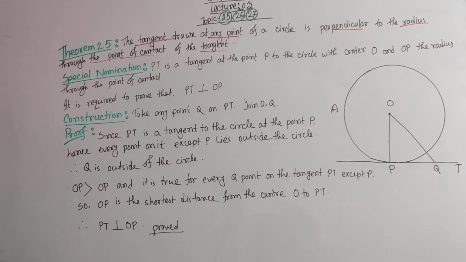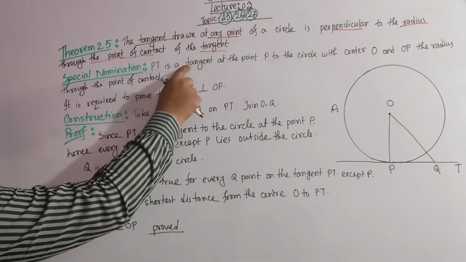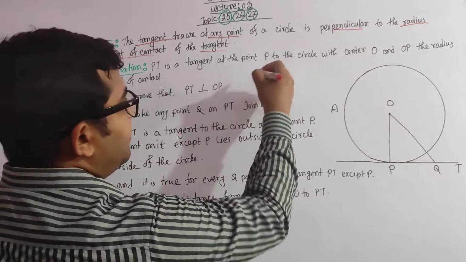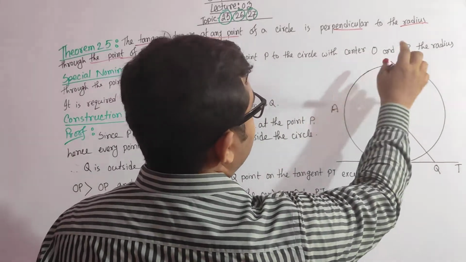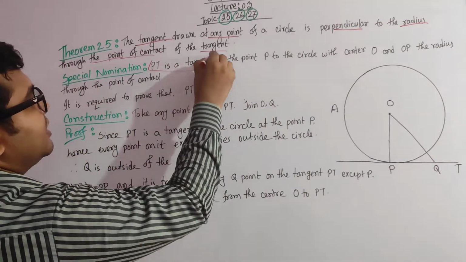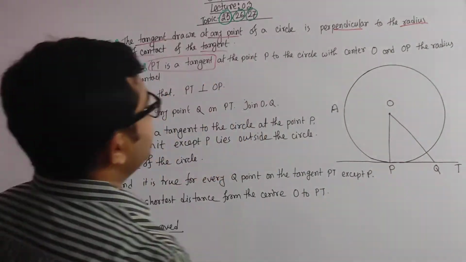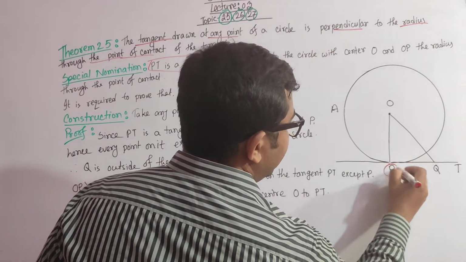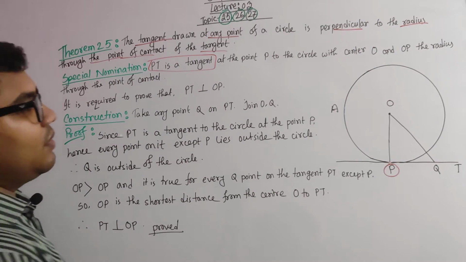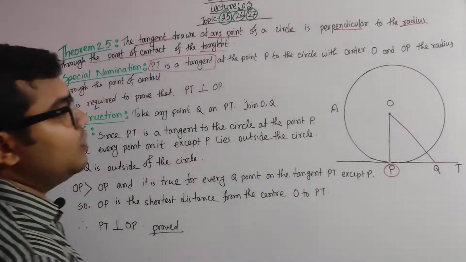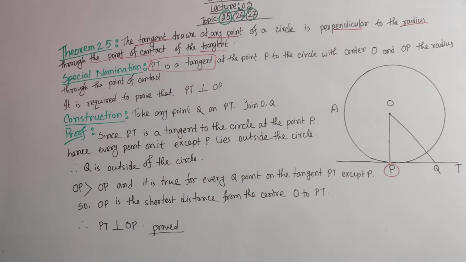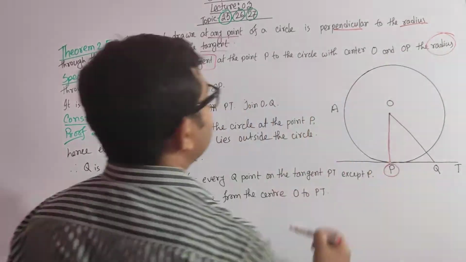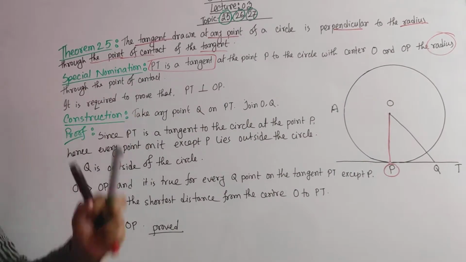Here the specific enunciation says suppose PT is the tangent which we are trying to draw at the point P to the circle with center O. So PT is our tangent, drawn at the point P, and the circle's center is O, and OP is the radius through the point of contact.